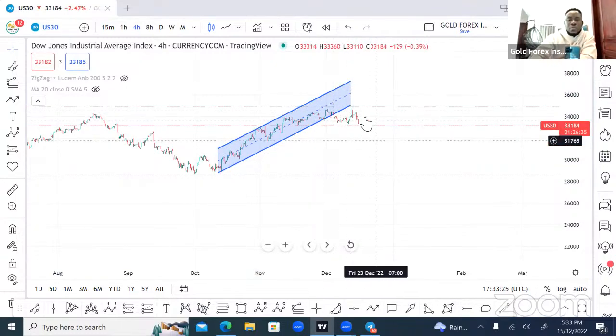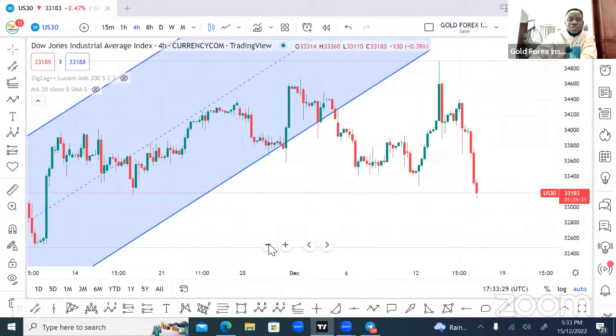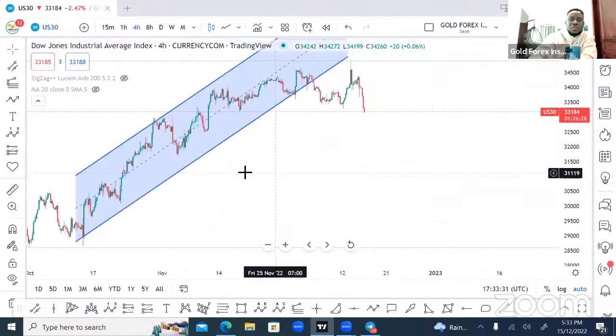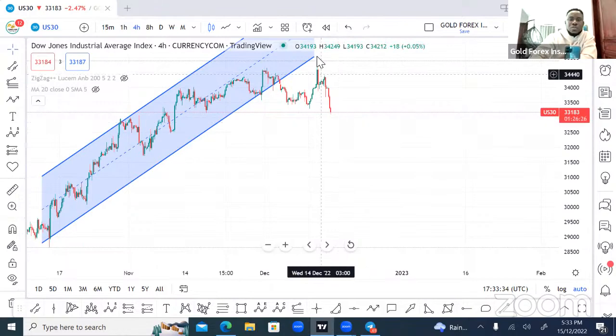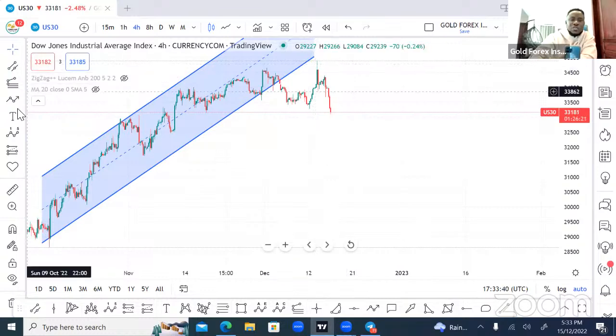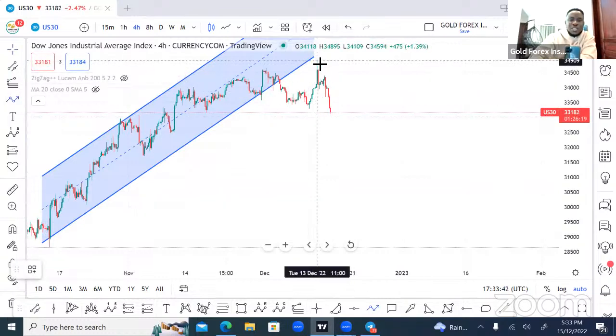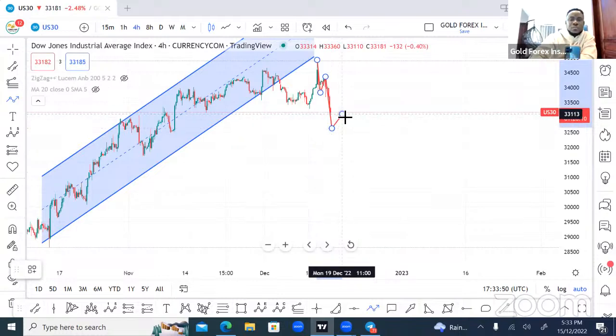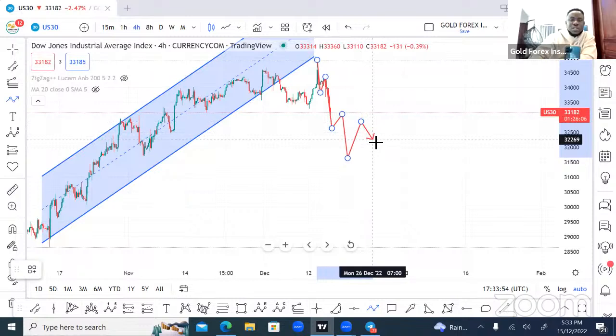Now we are going to use impulse, correction, impulse. You see how this one formed a higher high. Currently the trend has just started because it has broken this level. Maybe it gives us 1, 2, 3, 4, 5, then it will give us a correction.